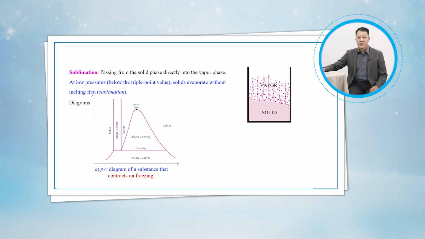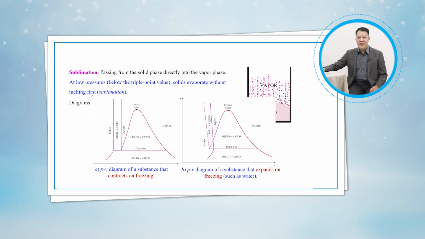Most substances contract during a solidification process. Others, like water, expand as they freeze. The PV diagrams for both groups of substances are given in figures. These two diagrams differ only in the solid-liquid saturation region.